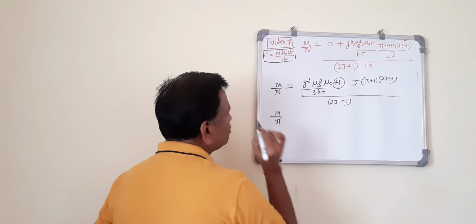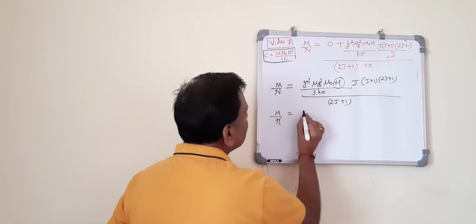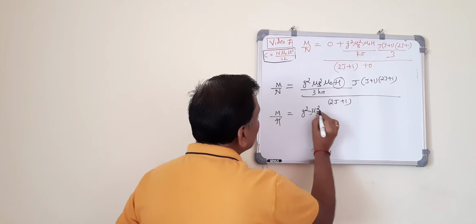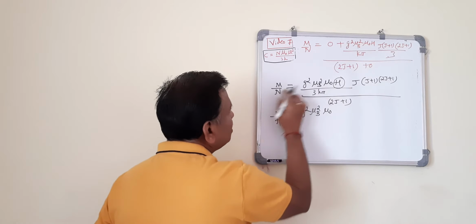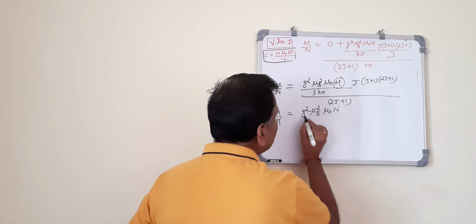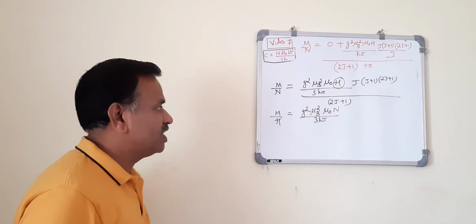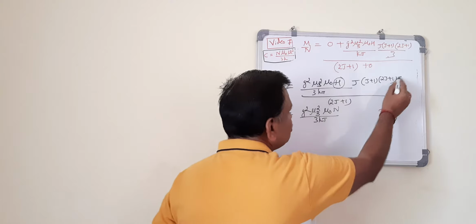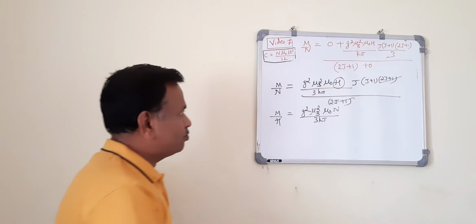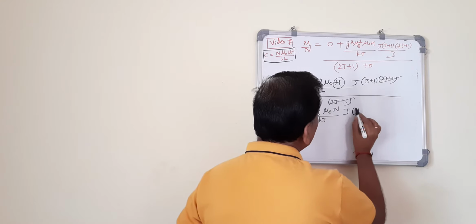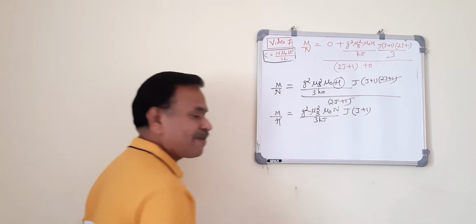M by H equals g square mu B square mu naught. This N I will transfer here: N divided by 3kT. Next, this 2J plus 1 cancels, so that J into bracket J plus 1.